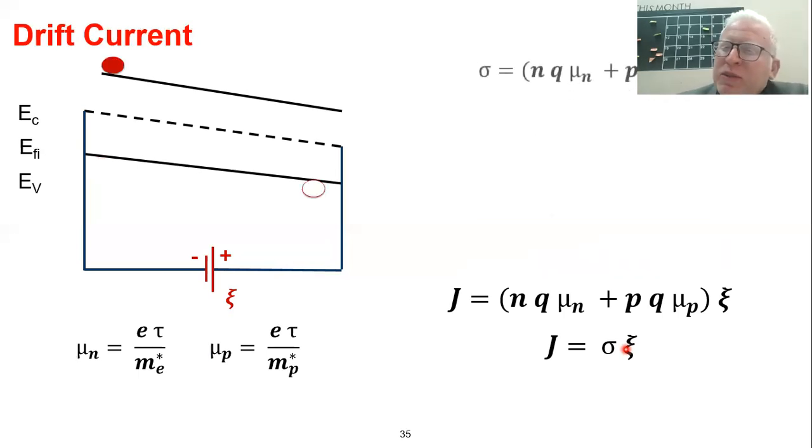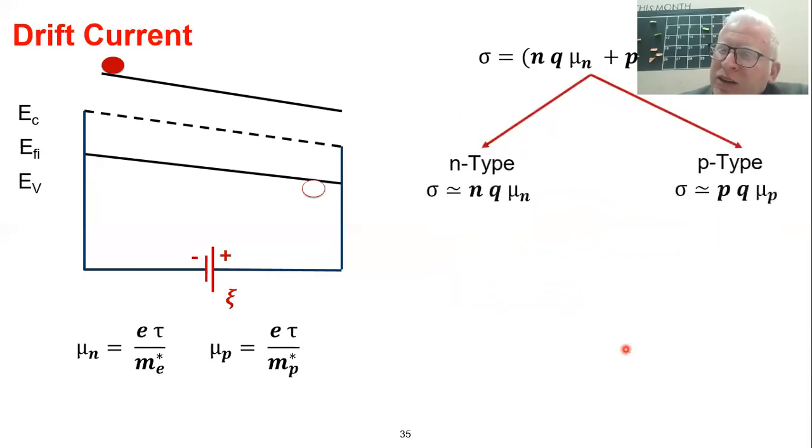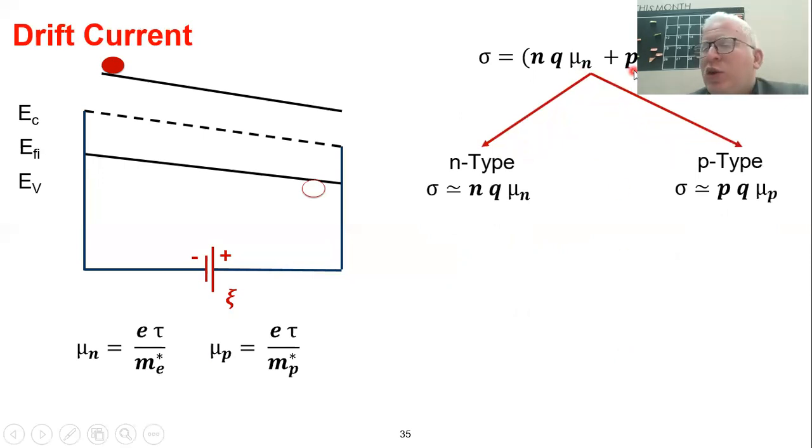You can have some special cases for this sigma. When the material is an n-type material, so the number of electrons is greater than the number of holes, you can easily eliminate the p part, and you can say that sigma equals n q mu n.